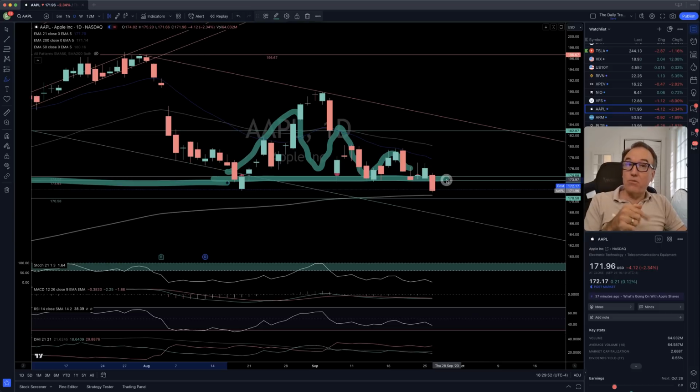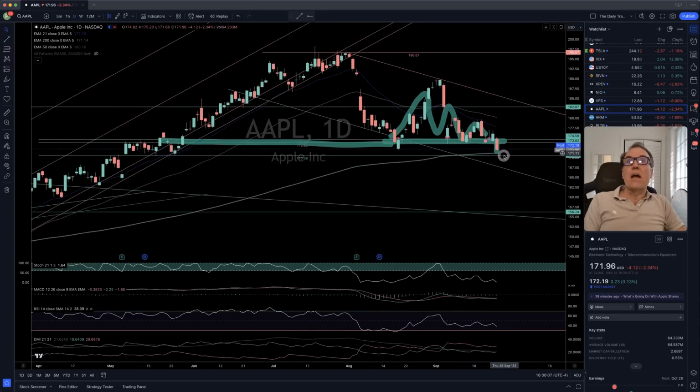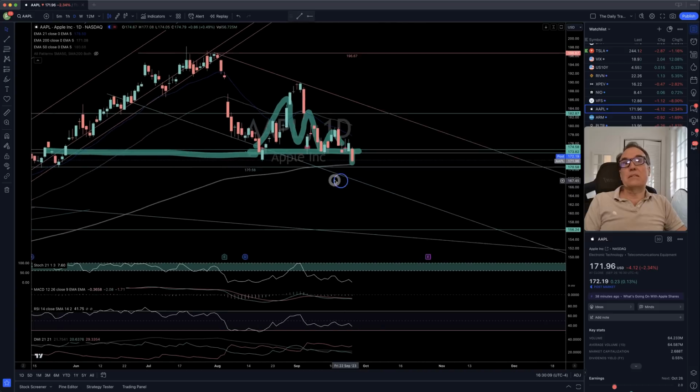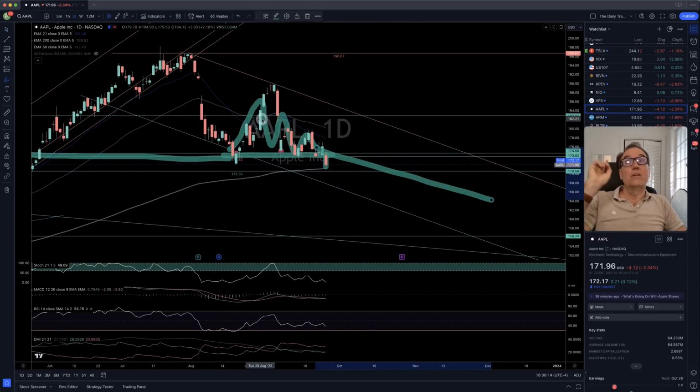Even by $1 or $2, it's a significant event. So we have just broken this support. Unless we come back tomorrow real fast, this is not good news. And this could be telling us that we are indeed going to continue further down our downward channel for Apple.